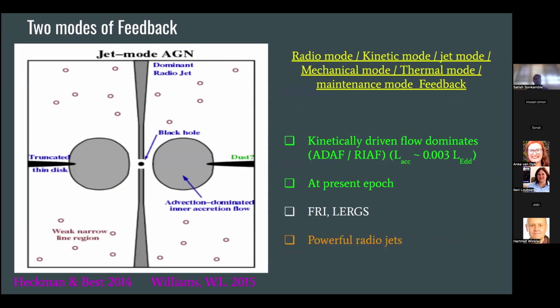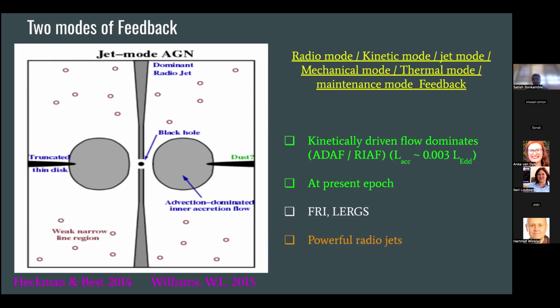Okay, so another mode is jet mode feedback. Jet mode feedback also goes by different names, like radio mode feedback, kinetic mode, mechanical mode, thermal mode, or maintenance mode feedback. In this scenario, the accretion rate is at a low Eddington limit, and this accretion occurs via an ADAF, that is, an advection dominated accretion flow.